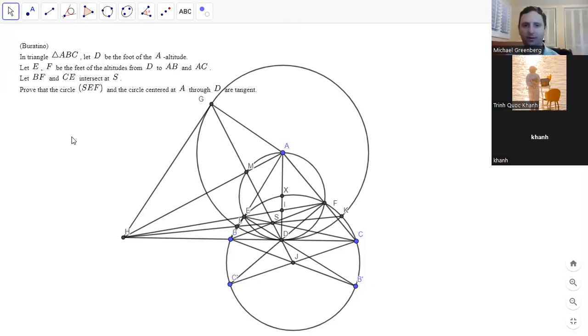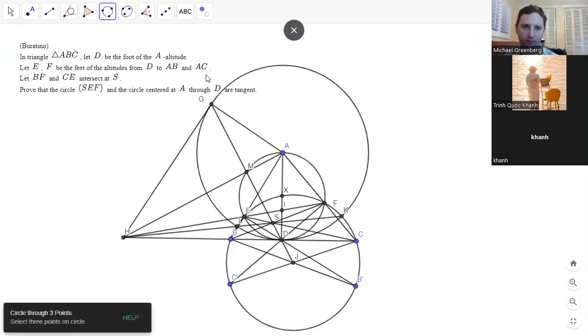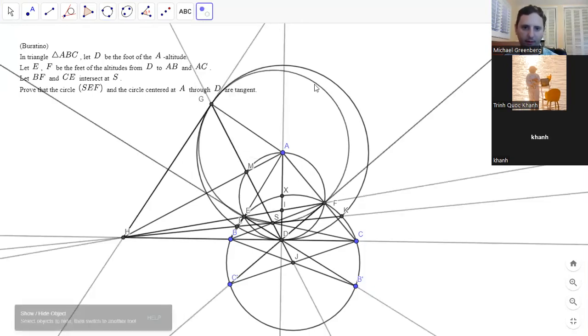All right. So we just need to show that that's cyclic, and then, okay. I wonder if HK is tangent to that circle. So let's unhide it. No, I don't think HK is tangent to it.